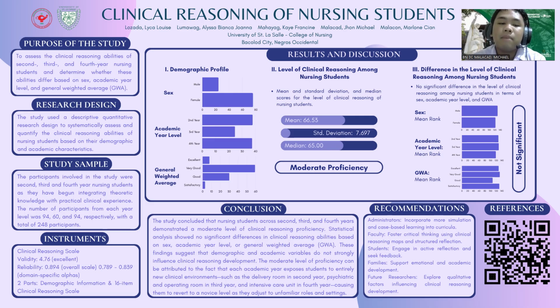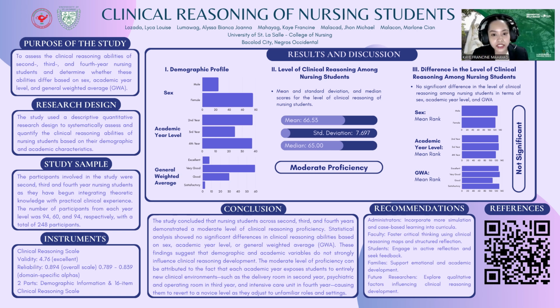Lastly, in terms of academic performance based on general weighted average or GWA, 59.3% of nursing students fall under the very good category, followed by 30.2% in the good category, 7.7% classified as excellent, and 2.8% classified as satisfactory.